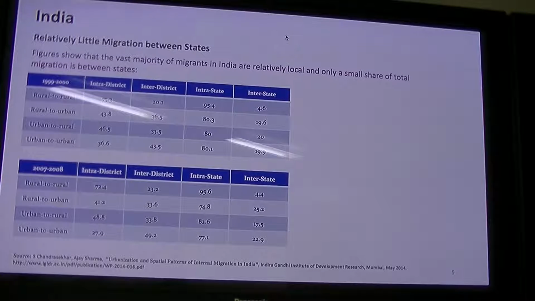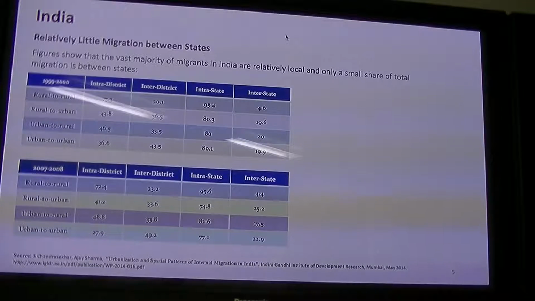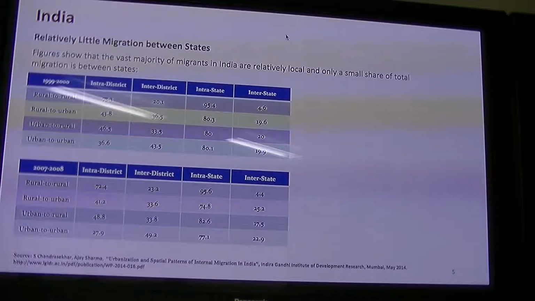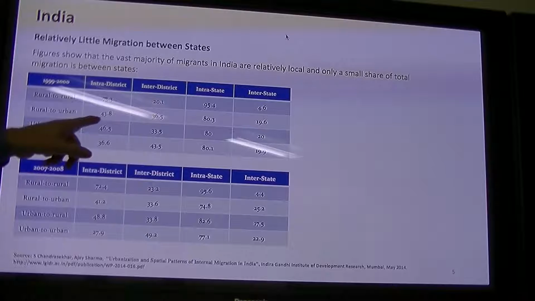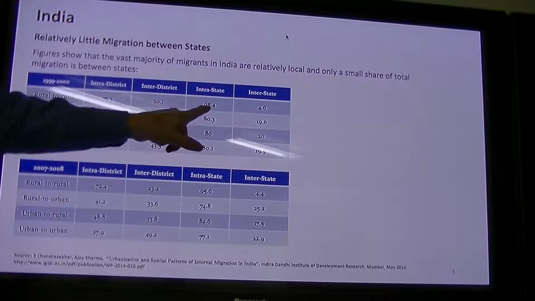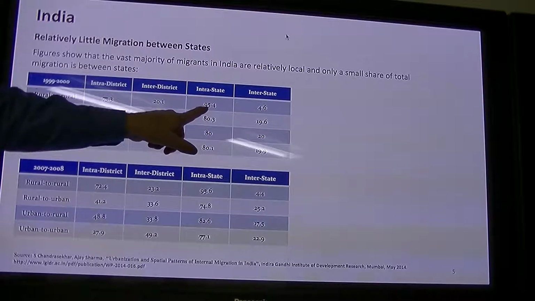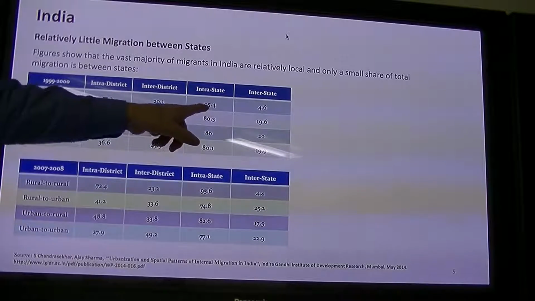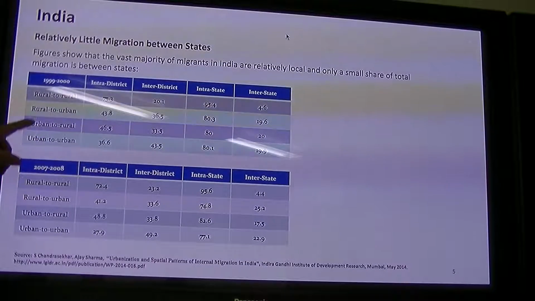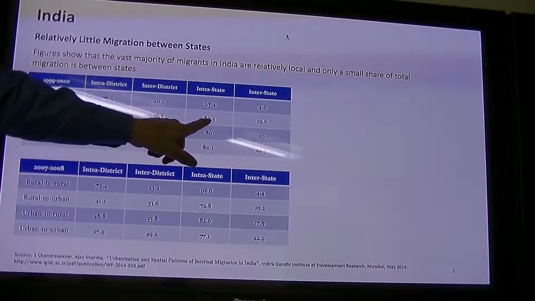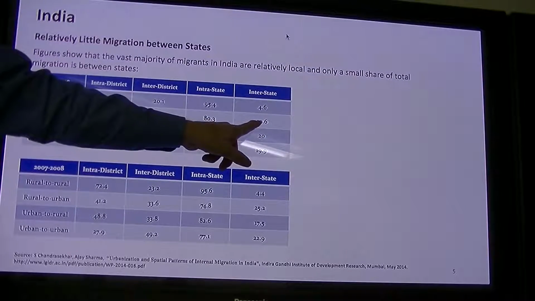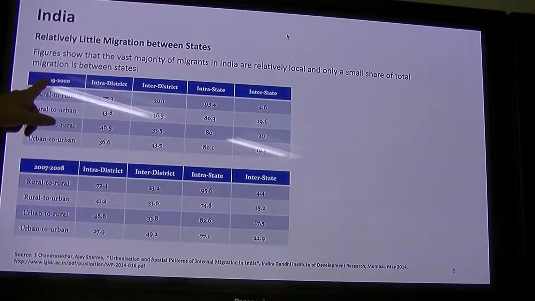And what this shows is the intrastate, that means within the state. So rural to rural within the state, 95.4%. It's all within the state. Rural to urban, 80% in the state. Less than 20% in 1999-2000 was between states.